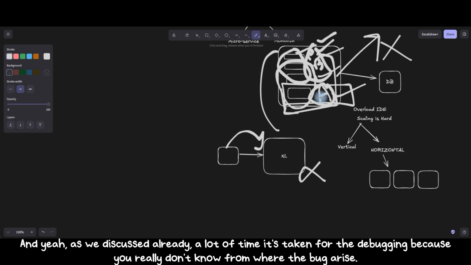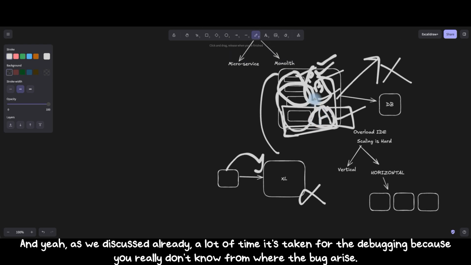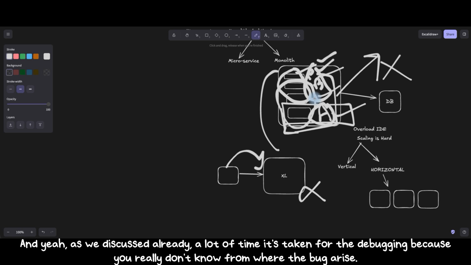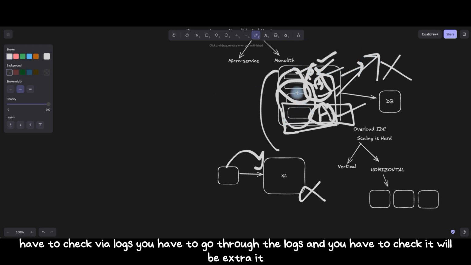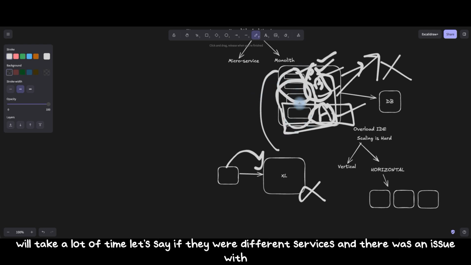And as we discussed already, a lot of time is taken for debugging, because you really don't know where the bug arises, since it's a monolith. You just know that something is wrong in the application, so you have to go through the logs and check a little bit extra. It will take a lot of time.